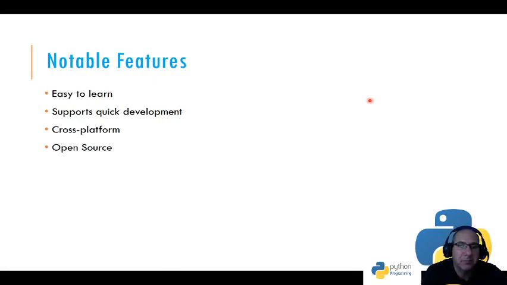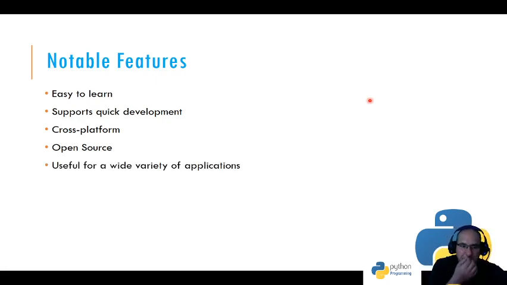This makes the development in Python fast and rapid and covers a wide range of applications. This contributes to its applicability for a variety of applications because it's in constant development.